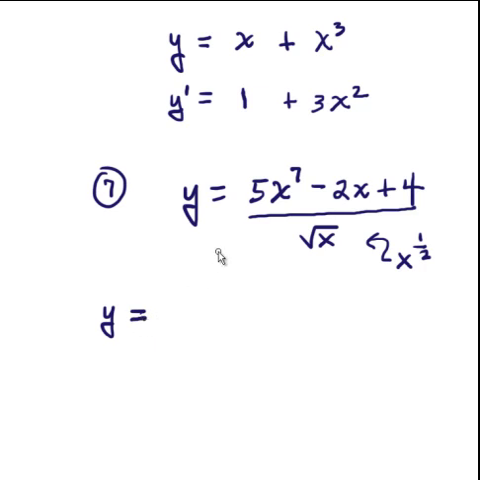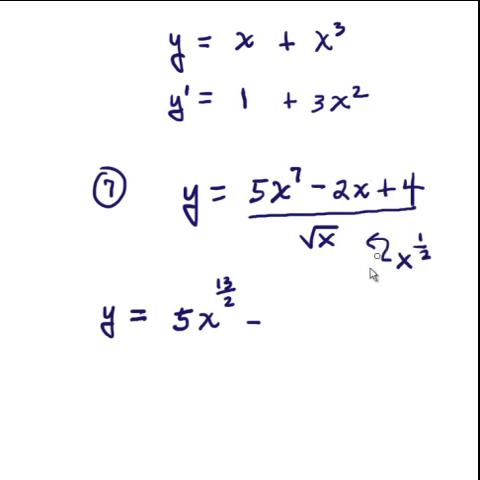So we still have y equal to 5 x to the 7. 7 is 14 divided by 2, 14 divided by 2 minus 1/2. That would be x to the 13 divided by 2. Here's x to the 2/2 minus x to the 1/2, divided by x to the 1/2.